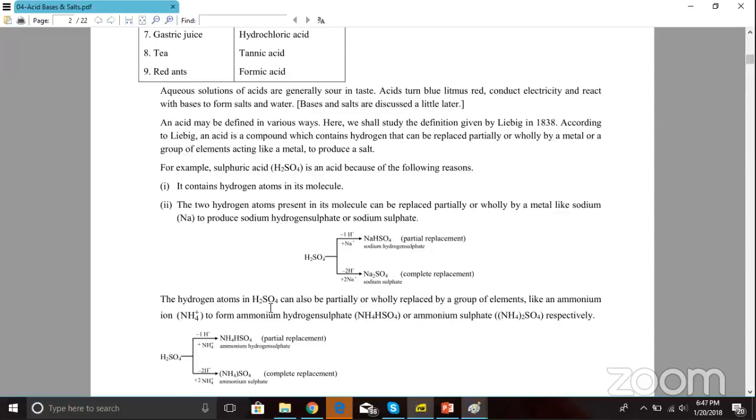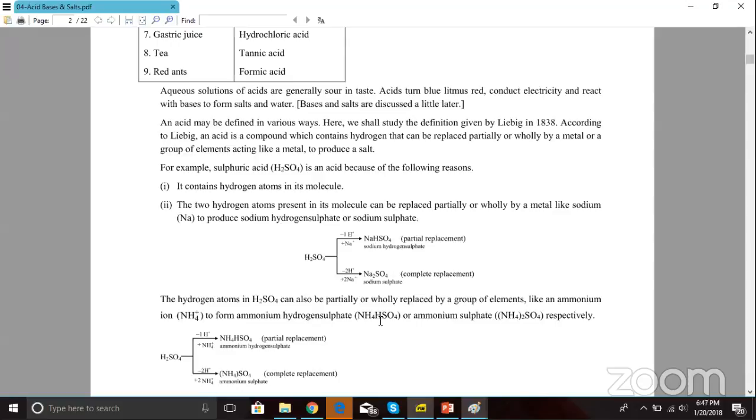The hydrogen ions in H2SO4 can be partially or completely replaced by a group of elements such as the ammonium ion, NH4+. It forms the compound NH4HSO4, ammonium hydrogen sulfate.